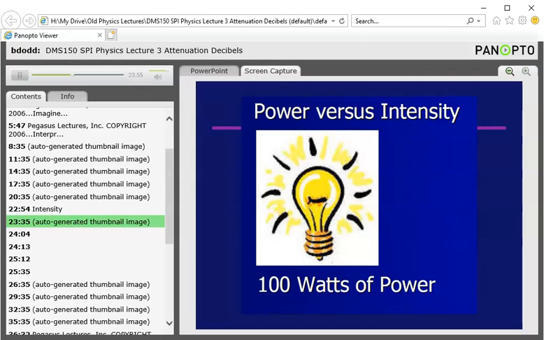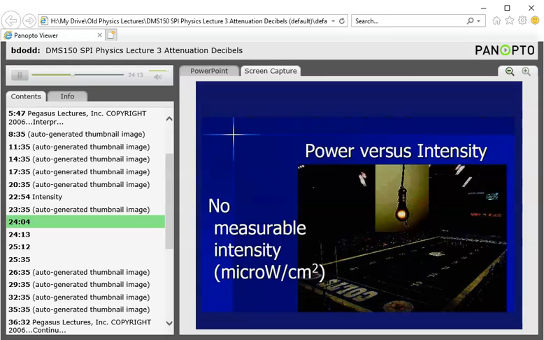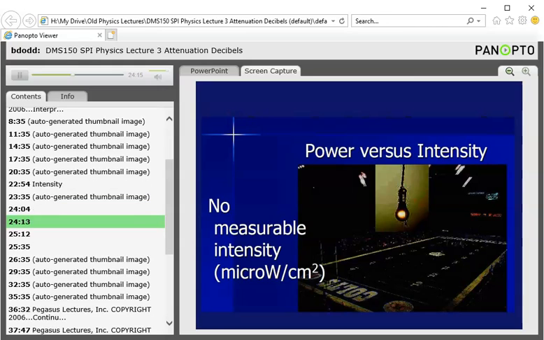All right, so if we take 100 watts of power, and we're going to take our 100-watt light bulb now, and we're going to light up a football stadium with this one light bulb, what's going to happen? We're not going to do a very good job. One light bulb, when you're sitting in the cheap seats where I get my tickets, you're going to be unable to read your newspaper.